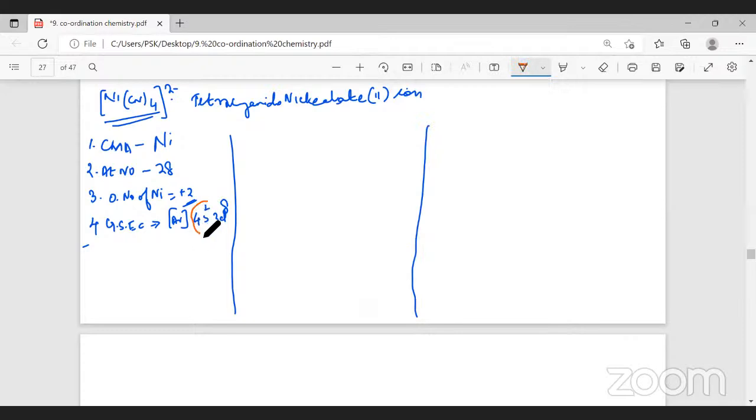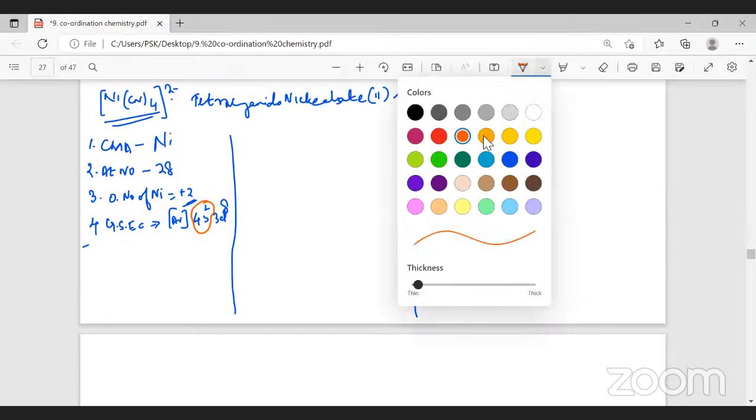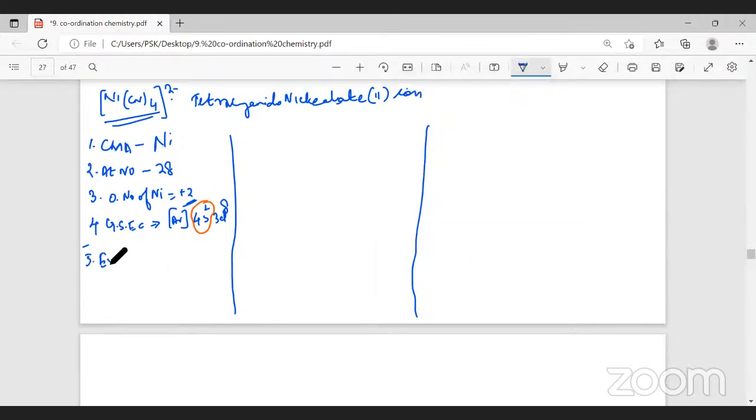Which are the outer 2 electrons? The 4s2 electrons will be removed. So the electronic configuration of nickel in the excited state is argon configuration and 3d8. So far, did you follow?